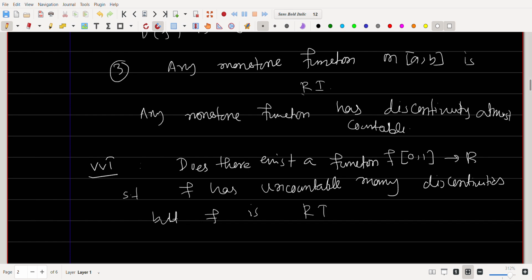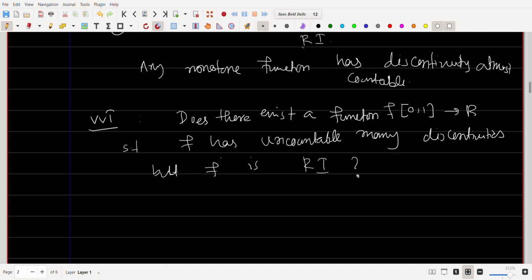This was the exact question asked to me in the TIFR Mumbai interview. So this is a very important question, and I gave the answer: yes, there exists such a function.